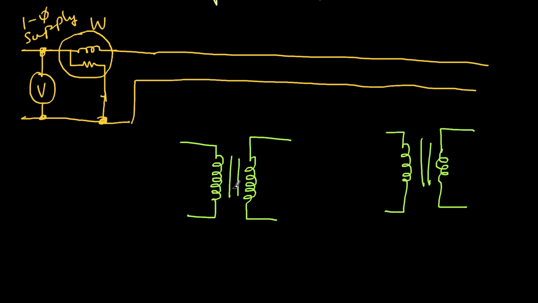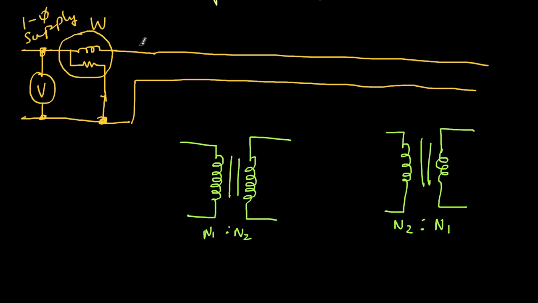Let's say this is the N1 side and this is the N2 side. If I designate this as the primary side and this as the secondary side, I will connect it such that the secondary is facing the secondary of the other transformer. So we keep both secondaries facing each other and both primaries facing the other side.